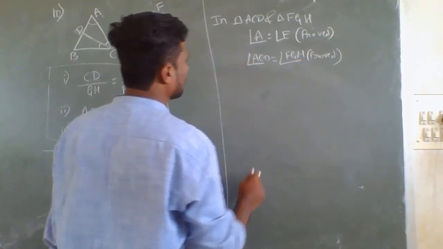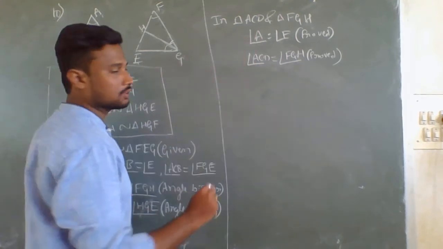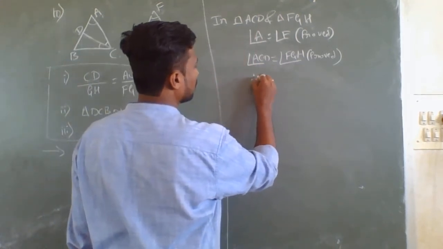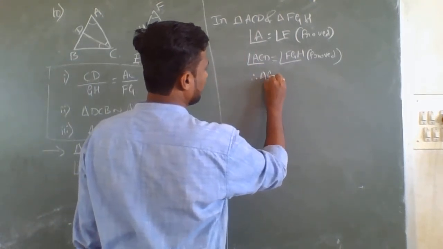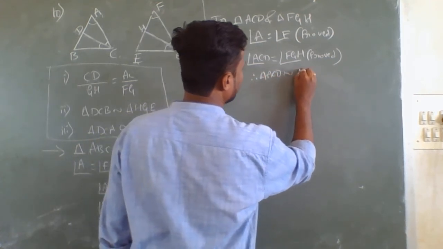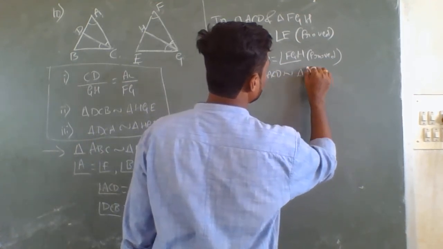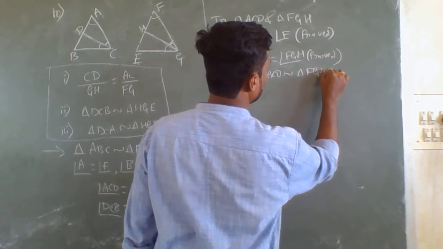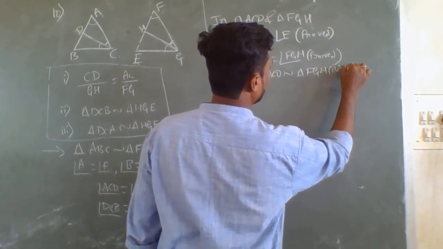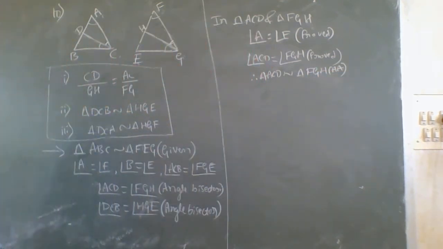Now if these two angles are equal in these two triangles, we can write therefore triangle ACD is similar to triangle FGH by AA. These two triangles are similar.